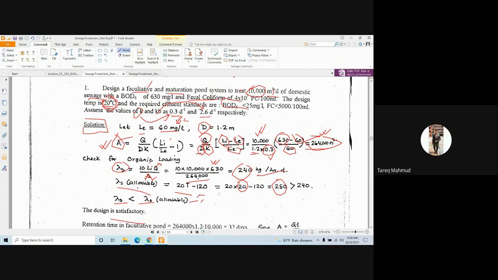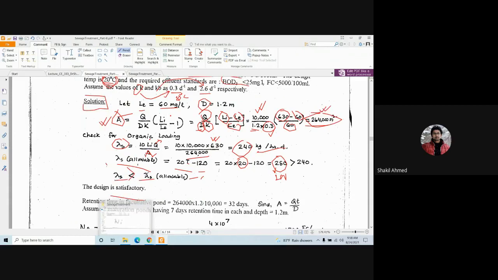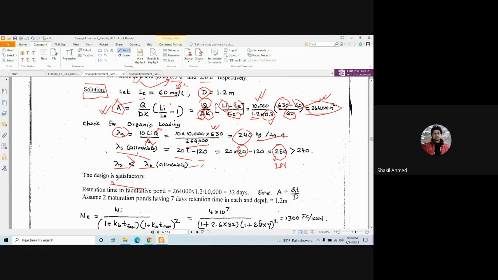Clear? If you had found that this value is 200, which is less than 240, then the design is not satisfactory. Then you have to reduce this load, so it should be less than 200, right?